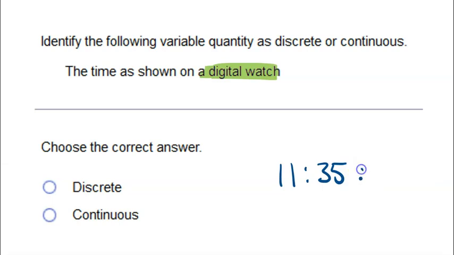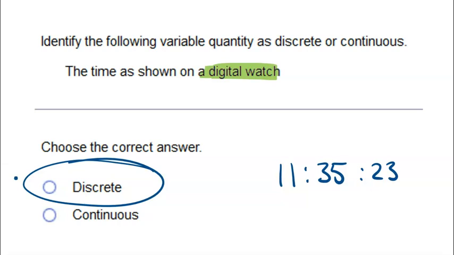You might think you even have seconds, 11:35:23, but you still don't get that part of a second. So these are discrete values on a digital watch. Now, if you're looking at a clock, yeah, right? It's continuous all the way around. It doesn't necessarily just click from one to another, although I've seen second hands that click. But for a digital watch, this is discrete. Something to think about, but it is definitely discrete.